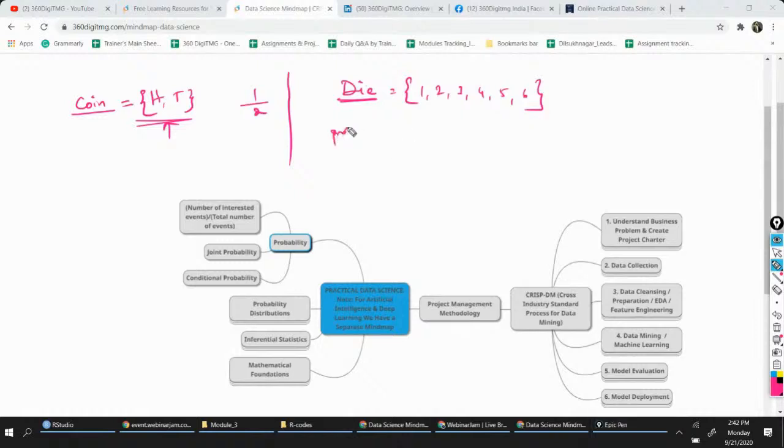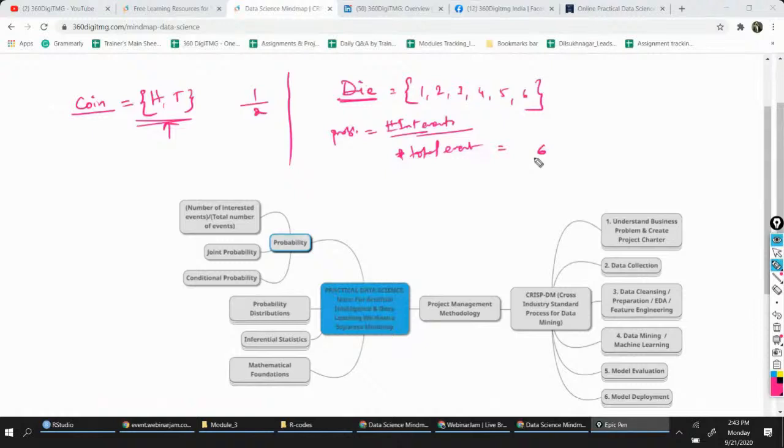So if I say probability, we will say number of interested events by total. So total events, you're experimenting. What experiment? You're rolling the die. Then what are the possible values you might end up getting? 6 possible values are there.